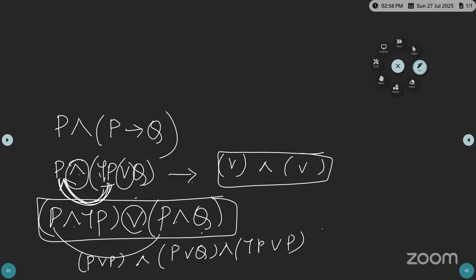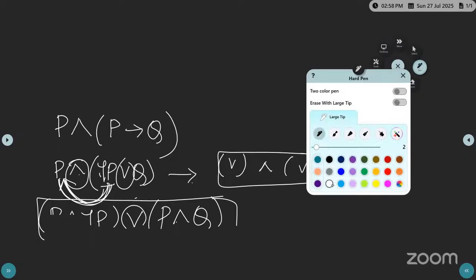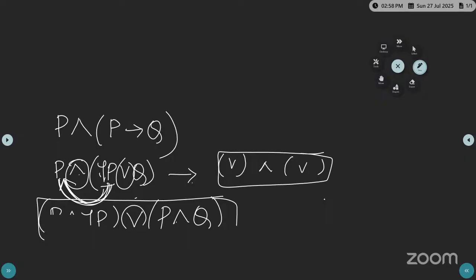Next, what will you get? Here you are getting confused. Don't get confused here. I'll show you how you should do it. See here. First I am taking this one and putting it here. P. Or in between them, what is there?